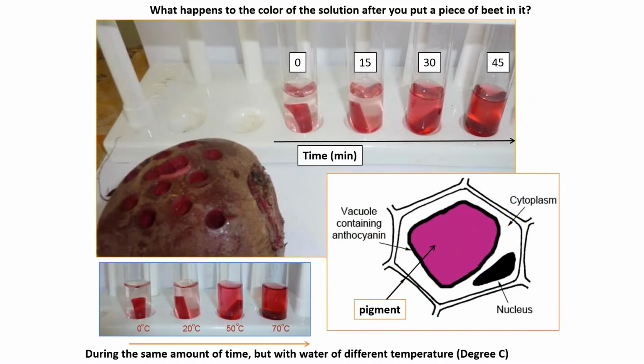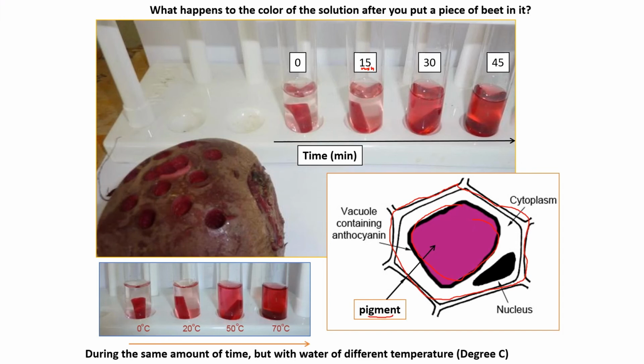And here is one of the examples. This is a bead, and if we put a piece of the bead in the tube, in the water, over time we see what is happening after 15 minutes. This is one cell of the bead, and inside we have a big droplet of pigment.